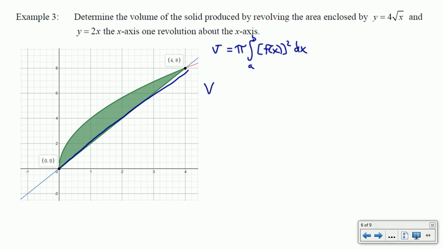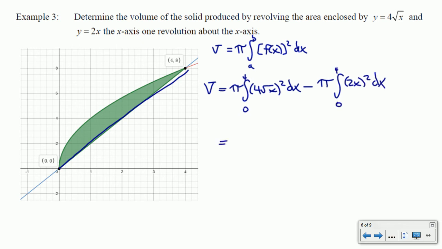So the volume of this shaded shape will be given by the outside volume, pi integral of 4 root x squared dx from 0 to 4, minus the inside volume, which is pi integral of 2x squared dx from 0 to 4. And this would give us 16 pi integral of x dx from 0 to 4 minus 4 pi integral of x squared dx, again from 0 to 4.